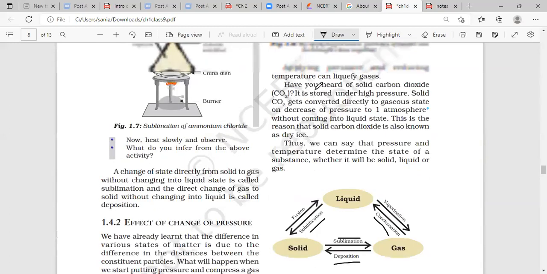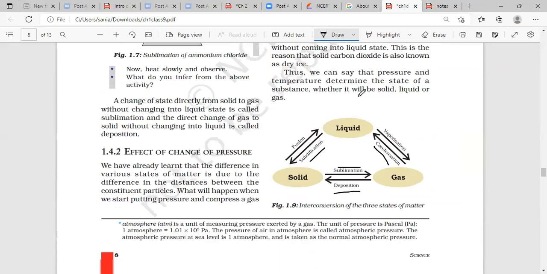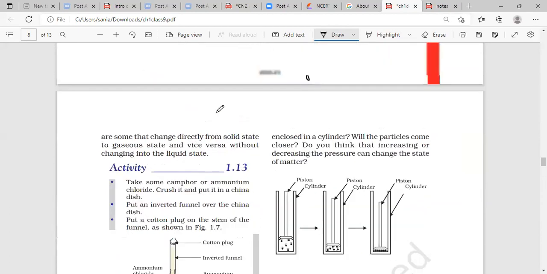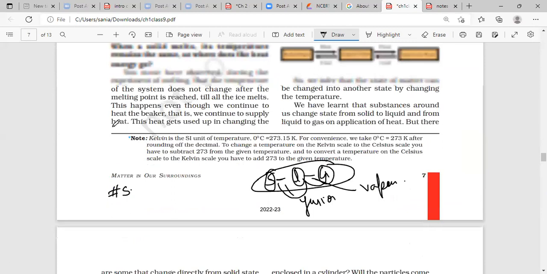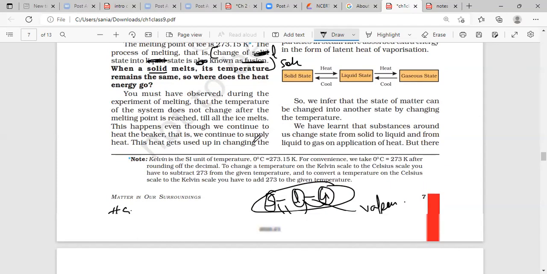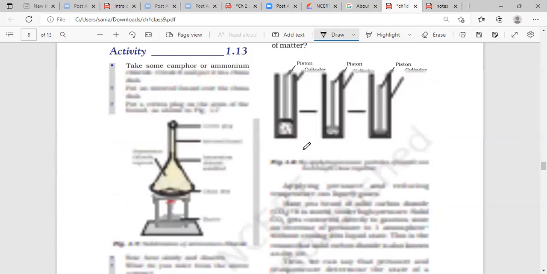Solidification. Just write it down, and then you will write the definition like this: change of liquid state into solid state is known as solidification. Okay, the definition you wrote for fusion, you are only going to make the changes over there. So this is your spelling for solidification.